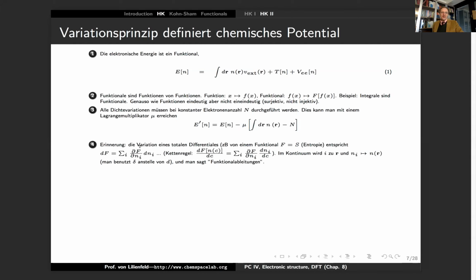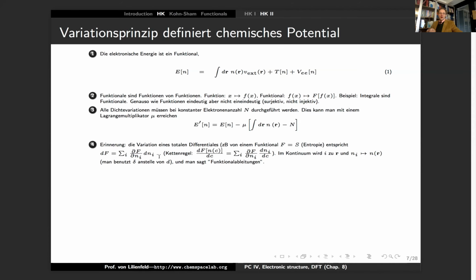Now, the variation of a total differential. Think about what you did in thermodynamics for your entropy, for instance. You write your total differential as a sum over all your variables, where you take the partial derivative with respect to that variable times its variation. This is a simple application of the chain rule.